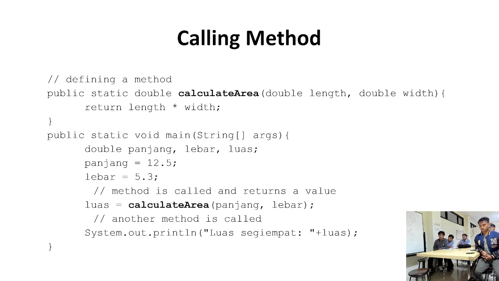Then we can call the method using luas equals calculateArea panjang, comma, lebar. Panjang 12.5 and lebar 5.3. And we print out using System.out.println luas plus luas.